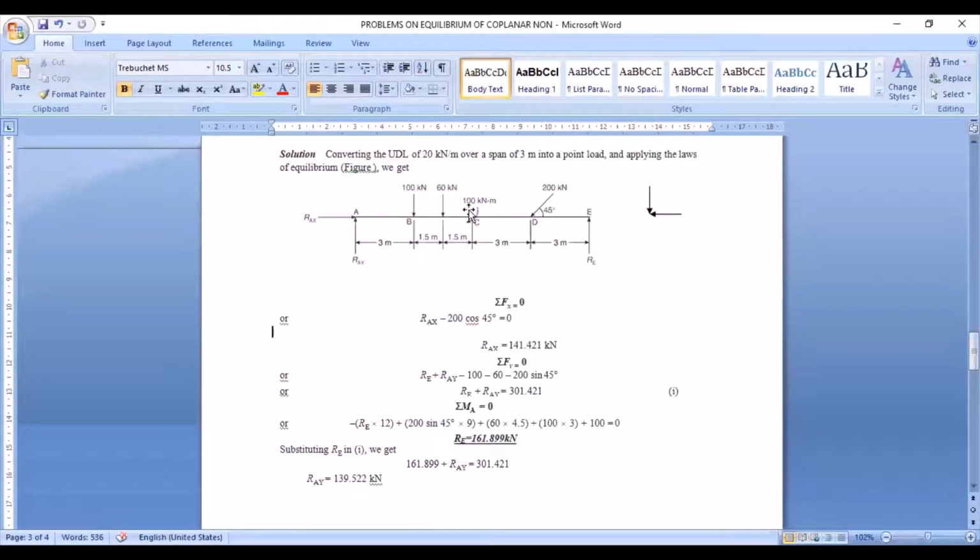All the other point load forces have magnitudes in kilonewton, and when you multiply with distance, it becomes kilonewton meter, whereas this couple unit is already kilonewton meter. So you are directly supposed to write only the magnitude without multiplying the distance.